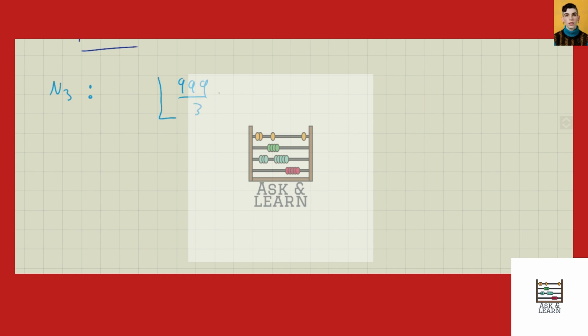So here we take 999 divided by 3. In this case, this is going to return 333. For the lower bound, we have 100 divided by 3. In this case, you can see that 100 is equal to 33 times 3 plus 1.